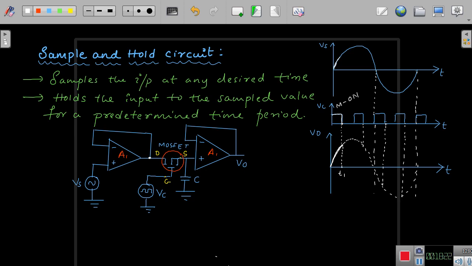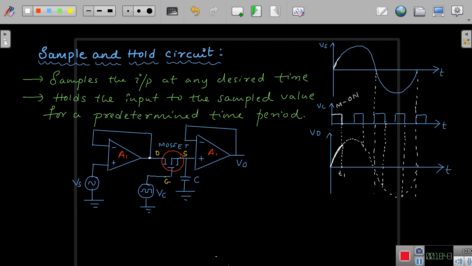What happens here is you will turn off the MOSFET. When the MOSFET is turned off, the second operational amplifier A1 will have a very large input impedance, as you know. So whatever charge you have across the capacitor will be held to the previous value only.